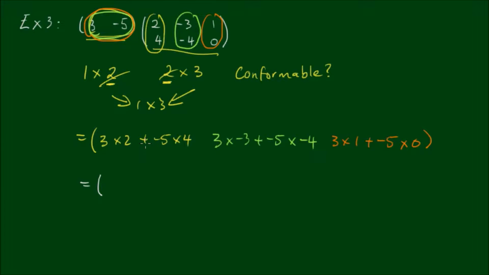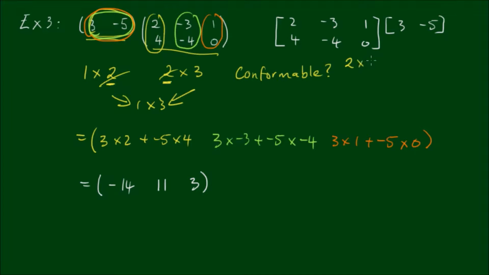So here we have 6 plus -20, which will be -14, -9 plus 20, which equals 11, 3 plus 0, which equals 3.